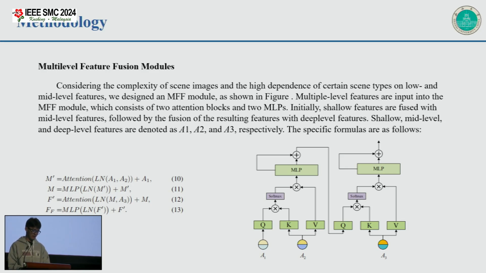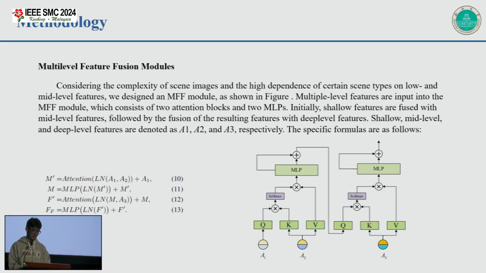Considering the complexity of scene images and the high dependence of certain scene types on low and middle level features, we designed an MFF module. As shown in the figure, multiple level features are input into the MFF module, which consists of 2 attention blocks and 2 MLPs.